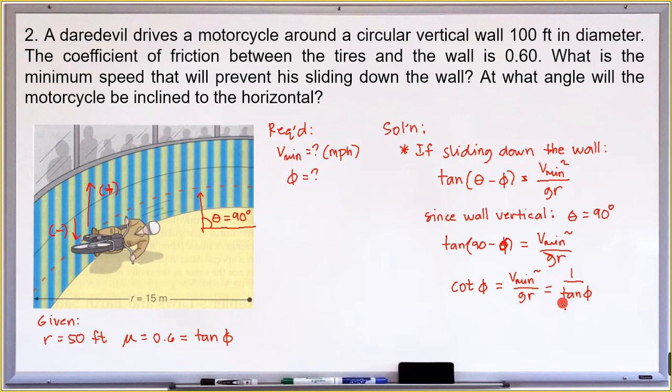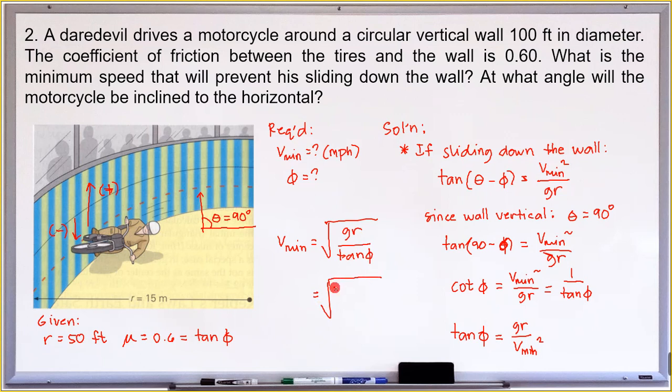So if we cross multiply, we get tangent of phi equals GR over V minimum squared. That is why phi is also what we find for the second requirement, since theta is already 90 degrees. Since we want V minimum, we cross multiply again and arrive at V minimum equals the square root of GR over tangent of phi.